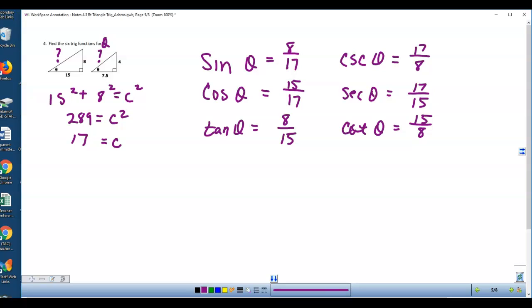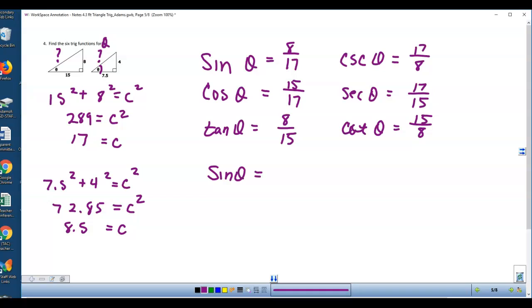If we go ahead and do this second triangle, we need to find the missing side. So I get 7.5 squared plus 4 squared equals c squared. Because I calculated this ahead of time, 72.85 equals c squared, and c is going to be 8.5. So that's the length of this side right here. Remember, you're doing everything referencing it from that angle right there. So if we go through it again, we get sine of theta equals 4 over 8.5.